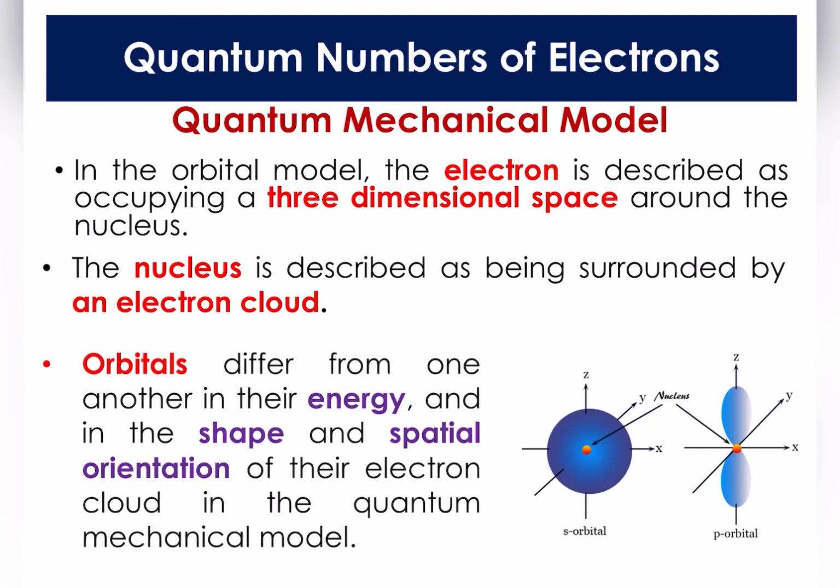And you have to know as well, bila kita sebut tentang orbitals, you are going to learn that orbitals differ from one another in terms of energy, shapes and spatial orientation of their electron cloud. So for example, this electron cloud for S orbital here, the bentuk adalah spherical.